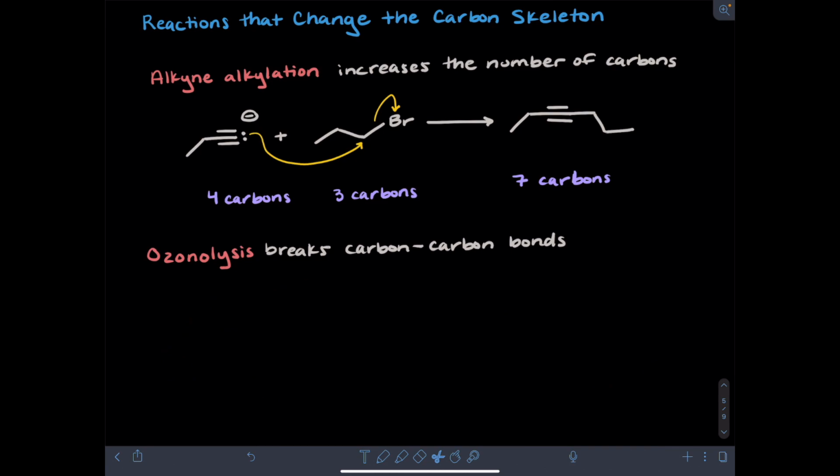And so far, we've only learned one reaction that can break carbon-carbon bonds, and that is ozonolysis, either of an alkene or an alkyne. Here, let's imagine starting with a 5-carbon alkene. In this case, the alkene is placed between the 2 right carbons. I'm treating this with ozone followed by DMS.